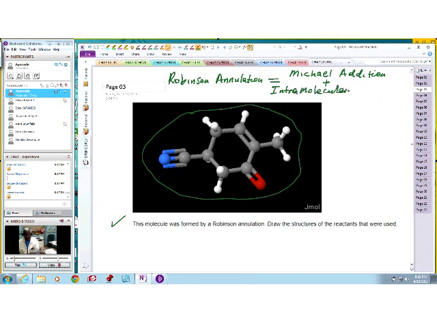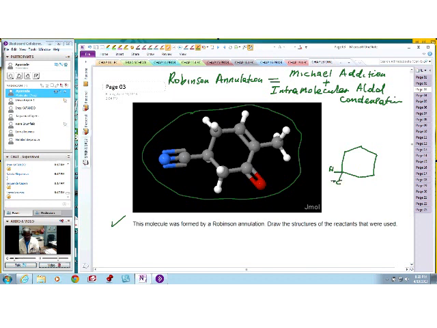Intramolecular Aldol condensation. Okay, that is what we refer to as Robinson annulation. So let me go ahead and draw this molecule here. This is a 6-member ring, as you can see here. We have hydrogen here somewhere.